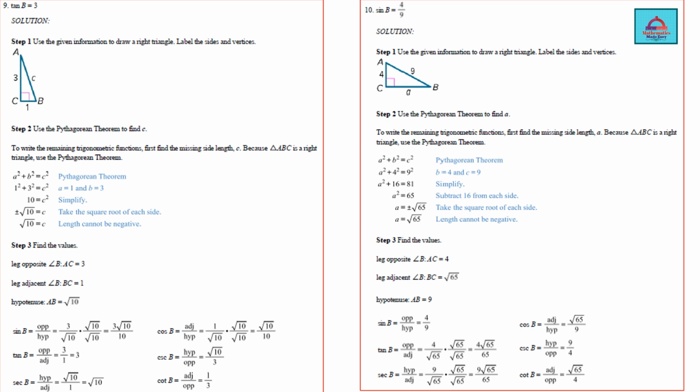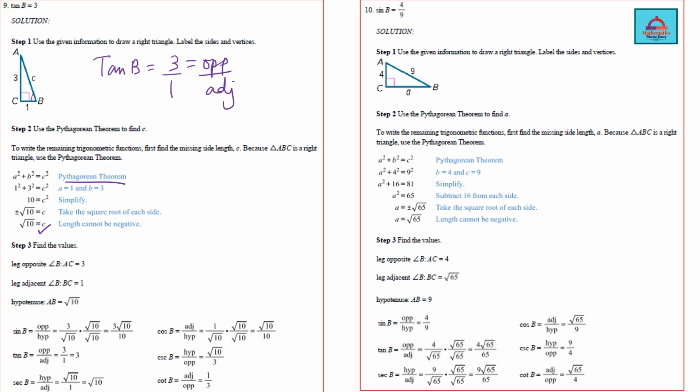In a similar way, here tan B, we are considering this angle, is given to you as 3. Now there is nothing else here, so tan B can be taken as 3 over 1. So this is opposite, this is adjacent. Opposite to B is 3, adjacent to it is 1. The hypotenuse can be found using again the Pythagorean theorem, which comes out to be square root of 10. Now you can find all the ratios.